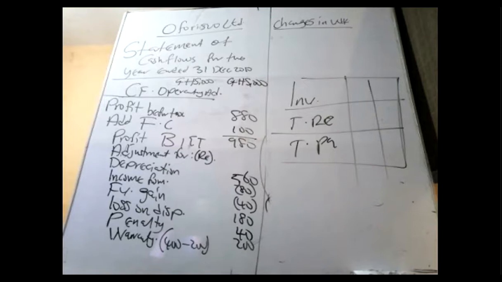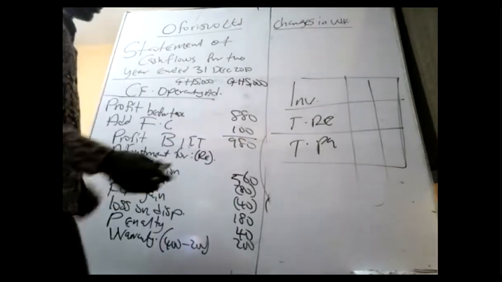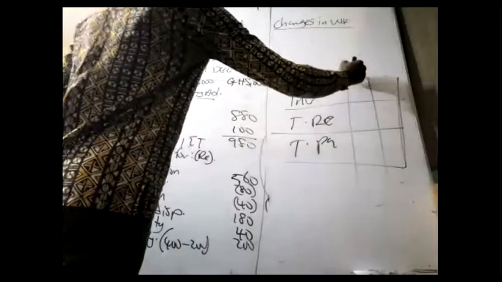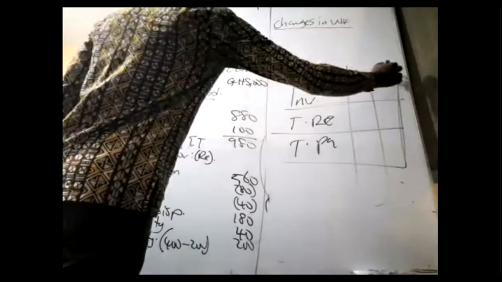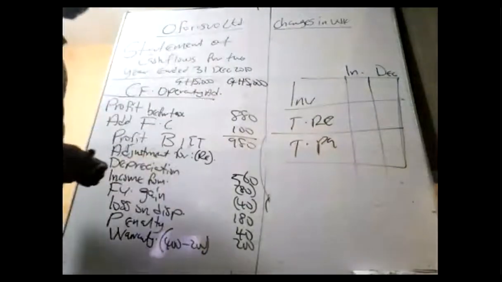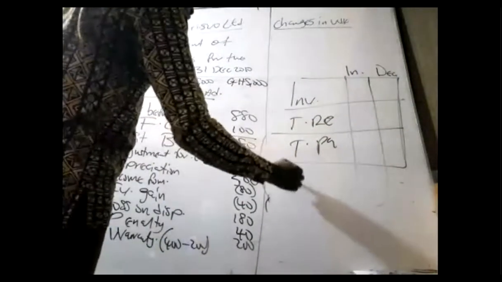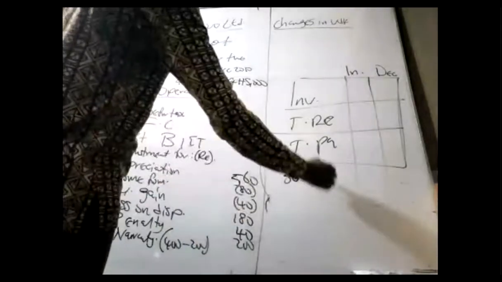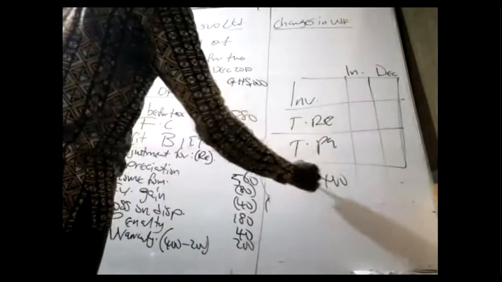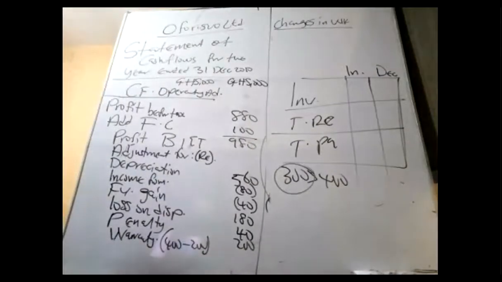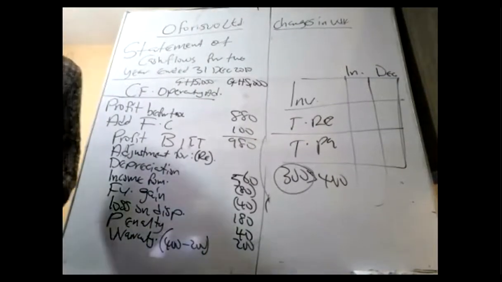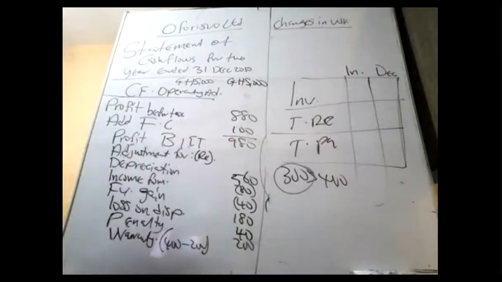Now I'll give you a shortcut for this table. For instance, when inventory increases, let's write increase here and decrease here. When the inventory increases, what does it suggest? At the start the inventory is 300, at the end is 400. It suggests it was an outflow because you have spent money to acquire these goods.